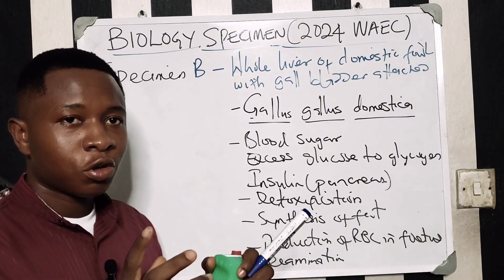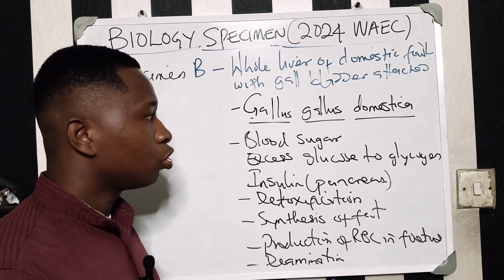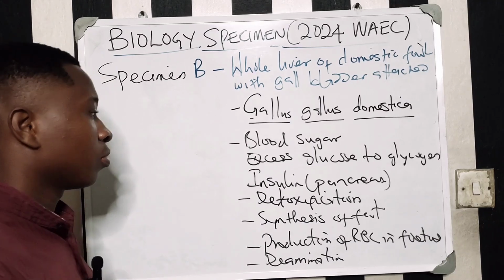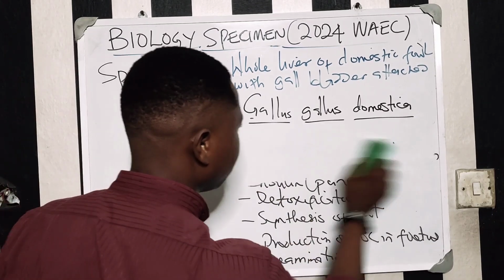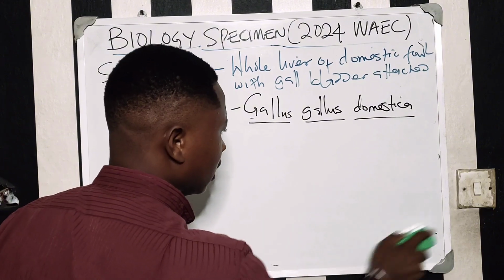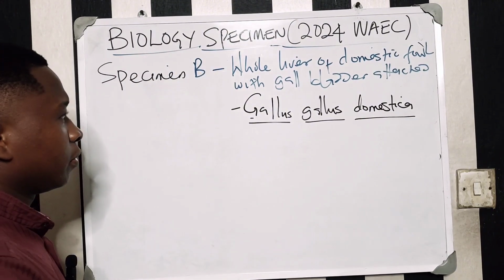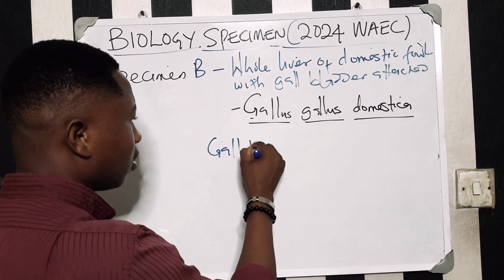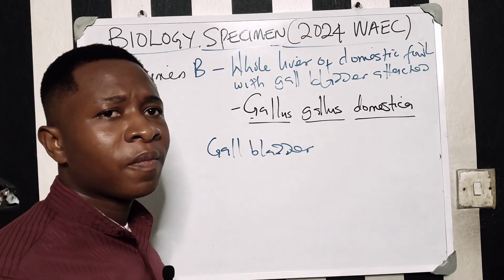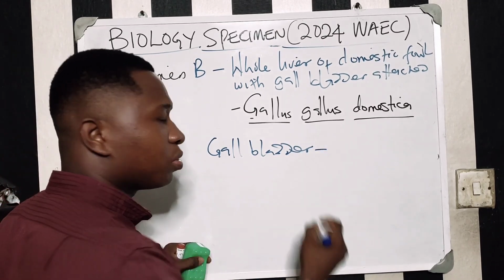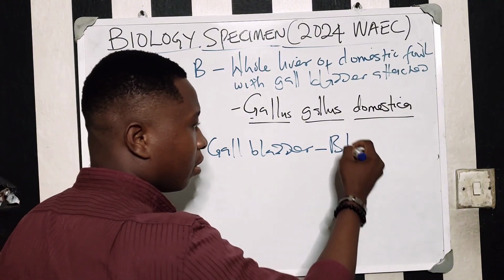Now let's move over to the gallbladder. The gallbladder is a structure that is attached to the liver. The gallbladder produces a substance known as bile.